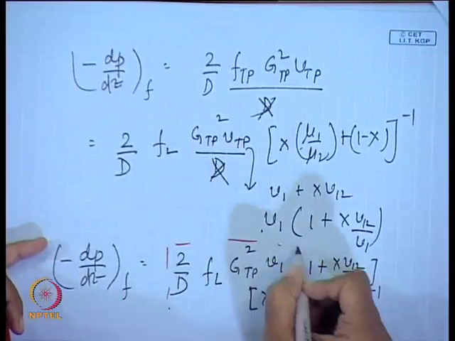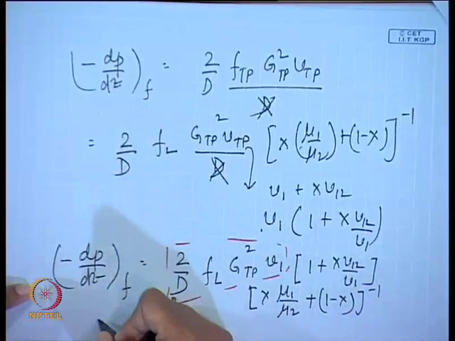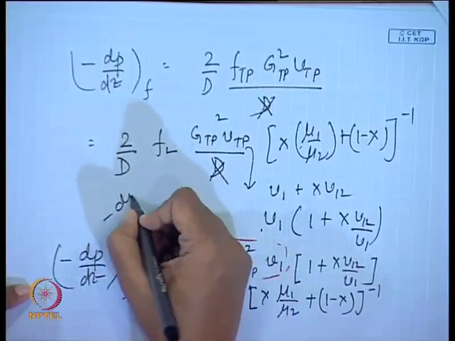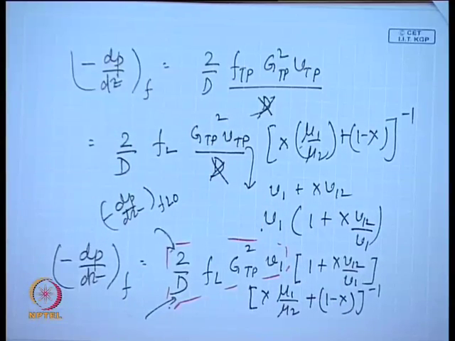So, in this particular case also I find that I could actually break down the frictional pressure gradient for two phase flow under homogeneous flow conditions as a product of 2 or 3 terms, where the first term, if you observe it, is nothing but the frictional pressure gradient for only liquid flow, agreed, okay.